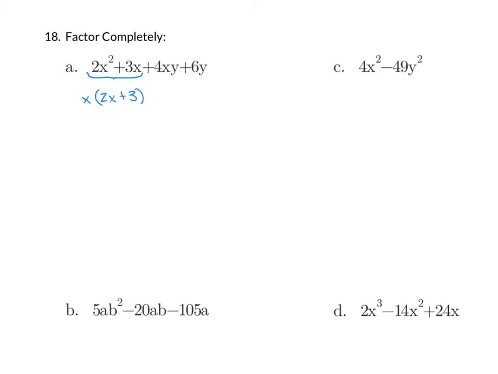Remember, we're going to divide each term by the greatest common factor. Plus the second set. 4 and 6 are both divisible by 2, so I'm going to factor that out. And both of these terms have a y, so we can factor that out as well. If we divide each term by 2y, we are left with 2x plus 3.